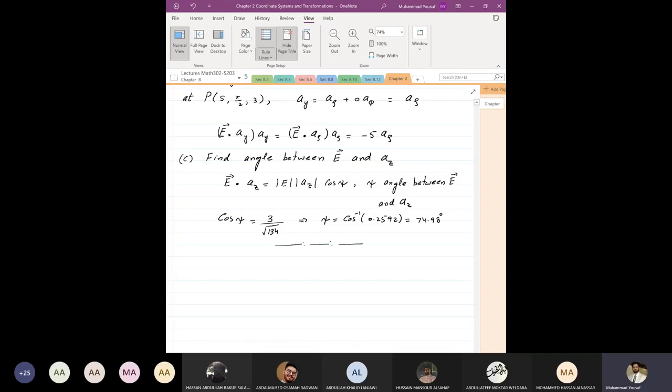Now we have the exercise. In the exercise, you have different types of questions. And I think in the syllabus, we also mentioned some questions from this exercise, chapter 2: 2.5, 2.7, 17, 18, 19, 20. So these are some questions which you need to solve. If you have the book, you can open it. In one question a Cartesian point is given, and then they ask which one is correct.